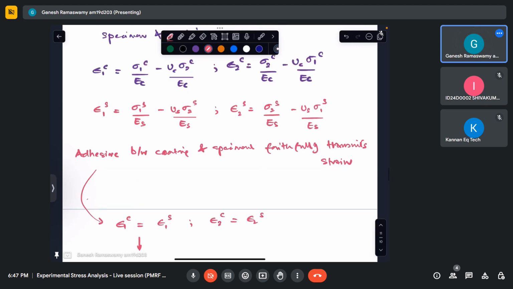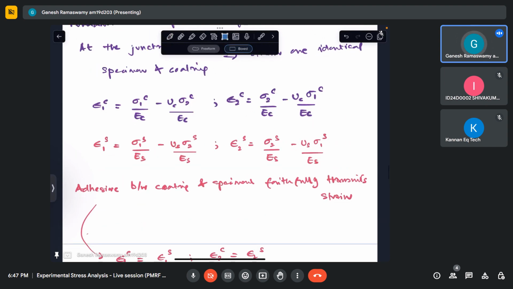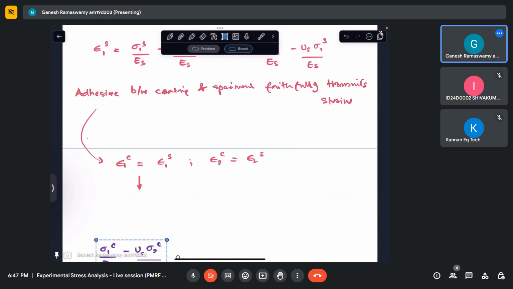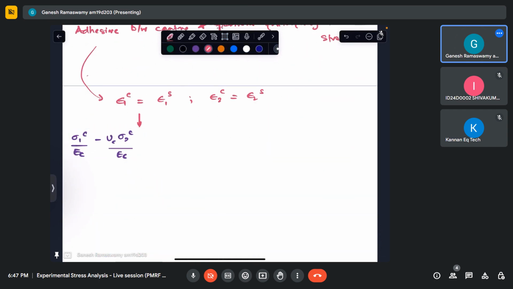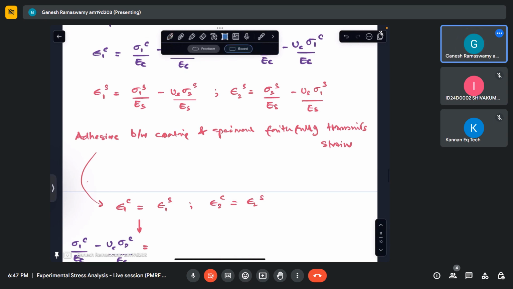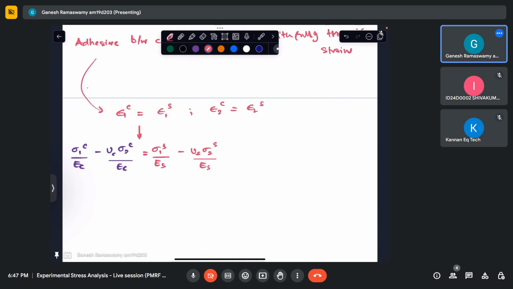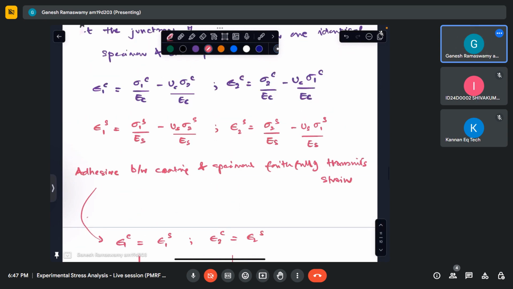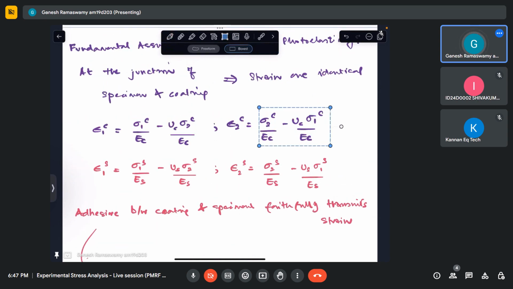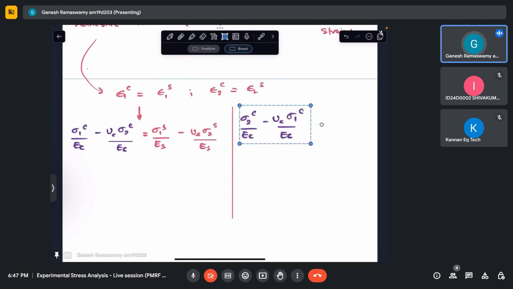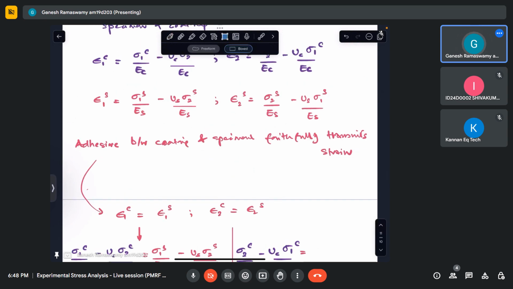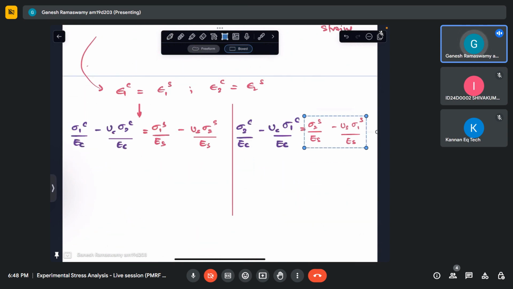Parallelly, I just don't want to keep writing and it will become a little boring, but this background is necessary for us to understand the things clearly from first principles. That is why I'm delving into it. So I'll just copy paste this for the sake of time. Let us call this equation 1 by matching the maximum principal strain. And this is equation 2 by matching the minimum principal strains, let us say.